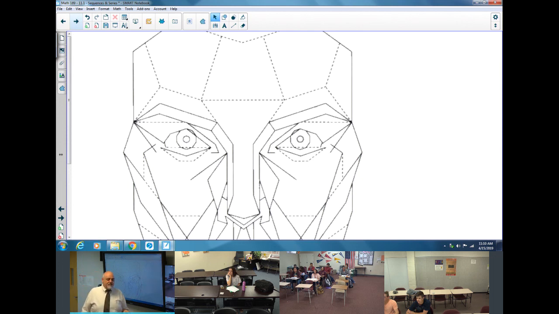This is kind of fascinating to me: as you take different measurements of the human face, there's a certain order to them, and they've shown that the closer the symmetry of your face follows the Fibonacci sequence, regardless of culture or race, the more that people perceive you as being beautiful or handsome.